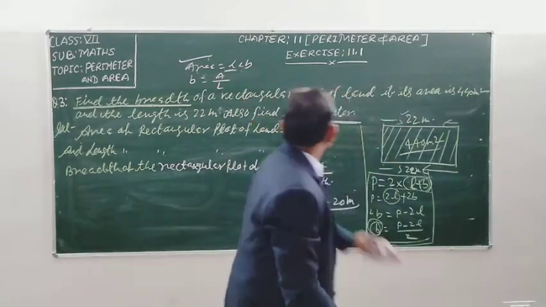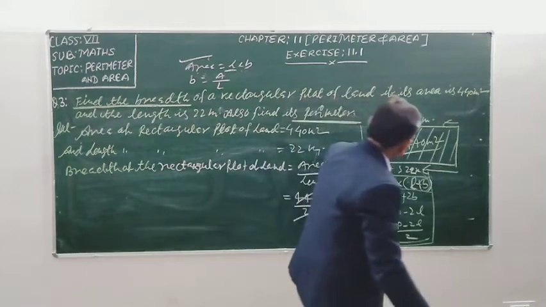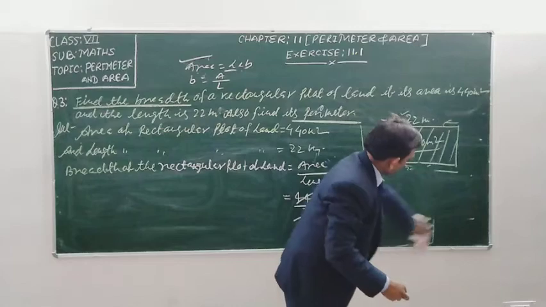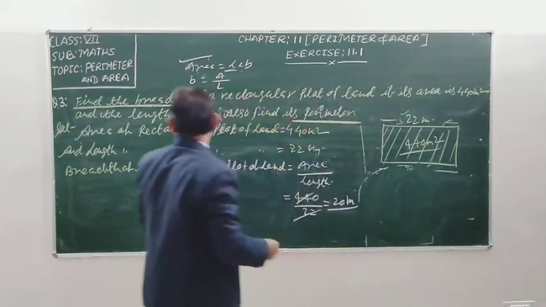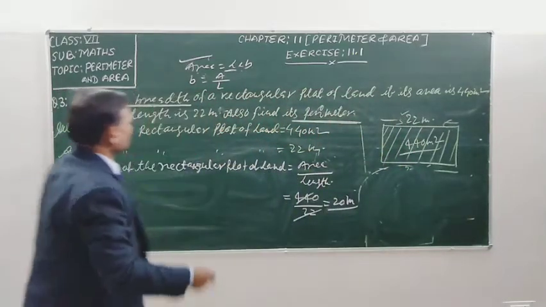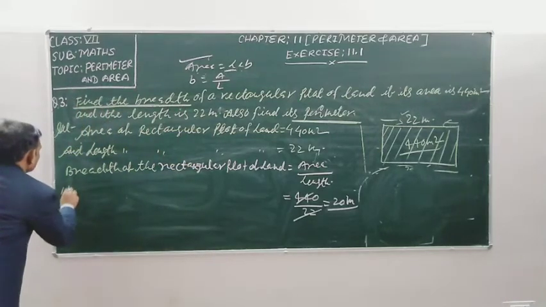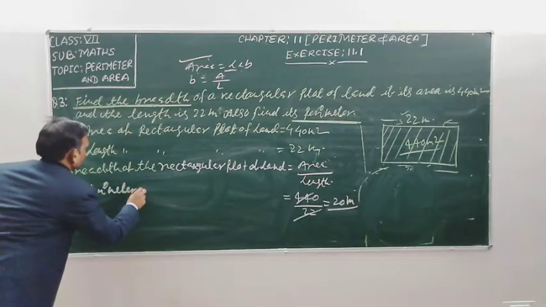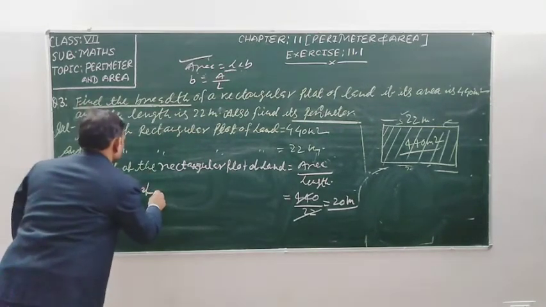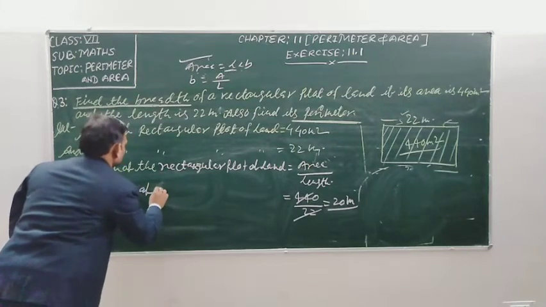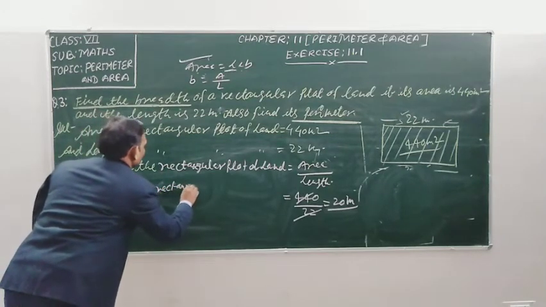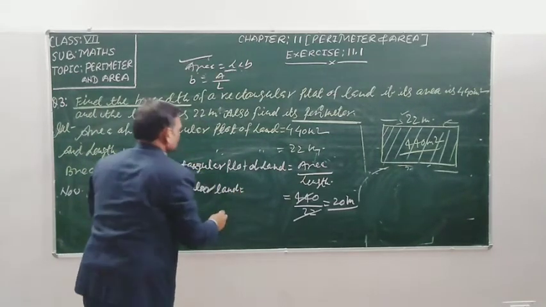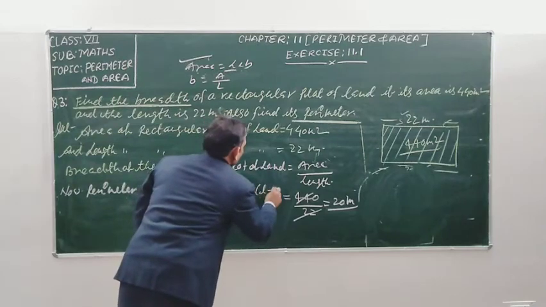Now, very easy. The second question is asking me the perimeter. Student, you will not use this process. Perimeter of the rectangular land is equal to 2 into length plus breadth.